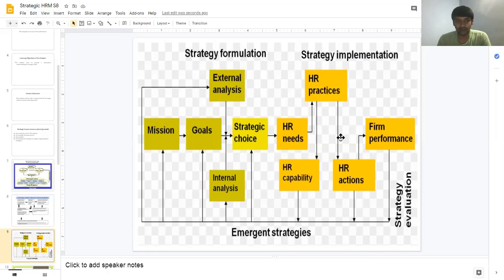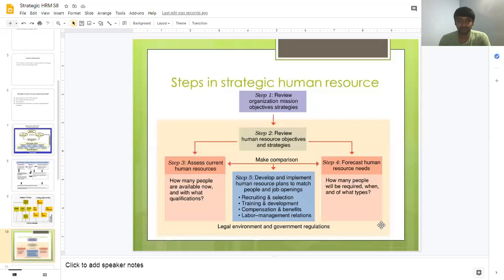We have different factors where HR practices and actions are being taken. At last, once all these strategies are going in a smooth and proper way, the firm performance will definitely be very good. Later, it will lead to the different emerging strategies. It makes the overall success of an organization better.